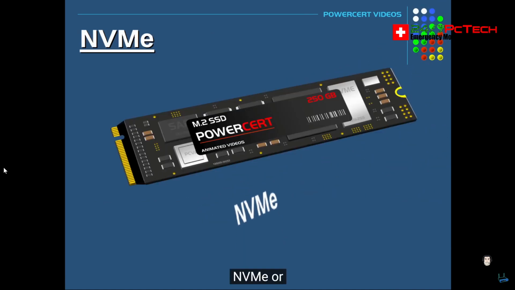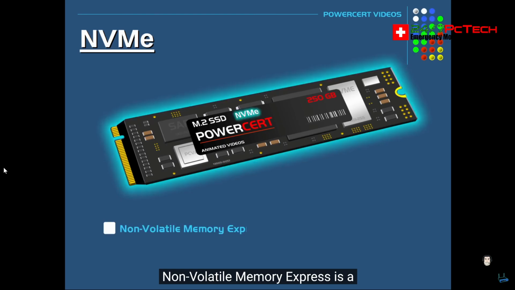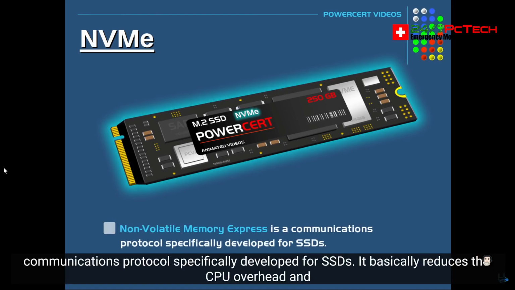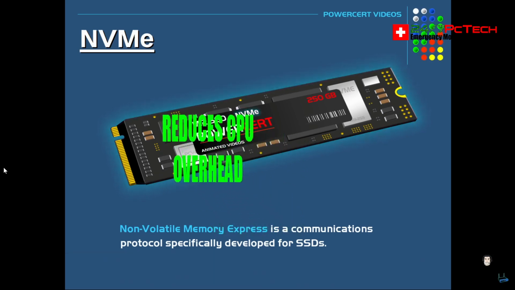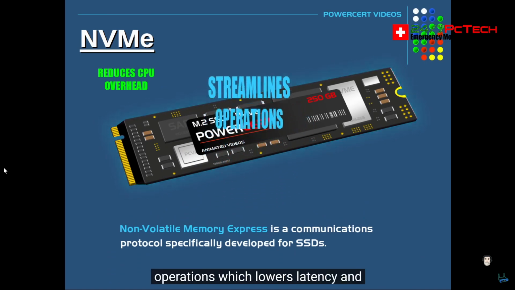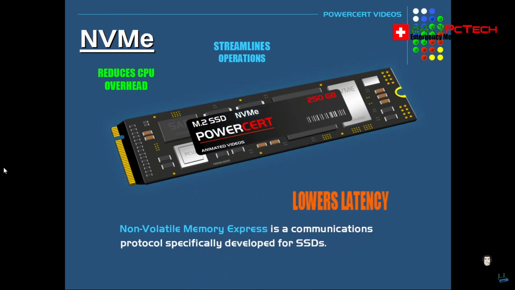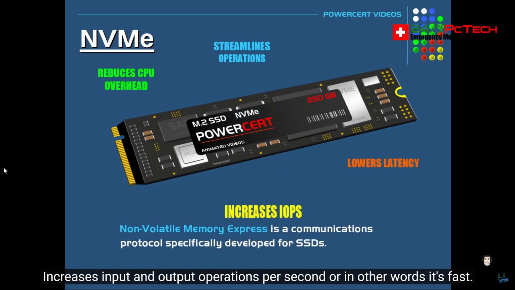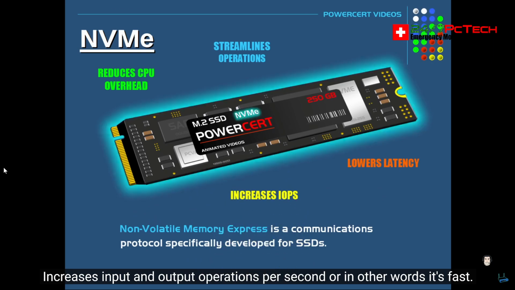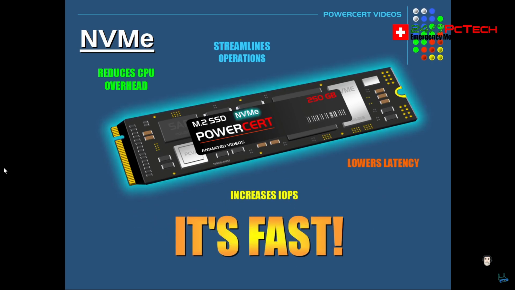NVMe, or Non-Volatile Memory Express, is a communications protocol specifically developed for SSDs. It basically reduces the CPU overhead and streamlines operations, which lowers latency and increases input and output operations per second. Or in other words, it's fast.